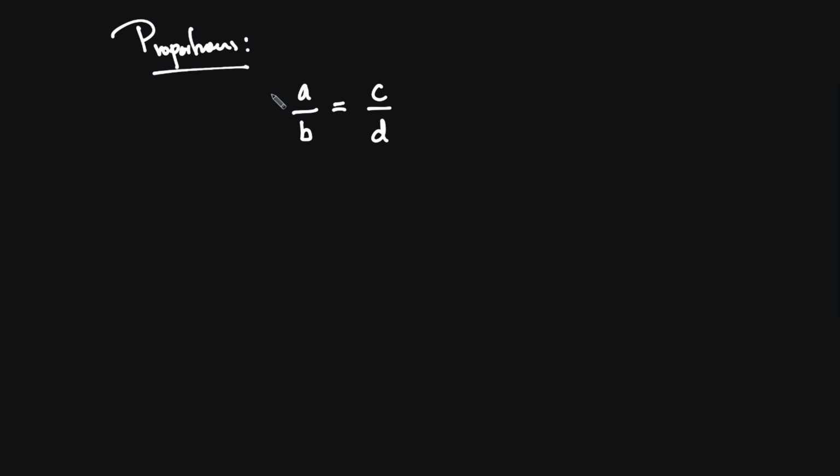So we have an equality between two ratios, okay? So when we make an equality between two rates or between two ratios, we have what we call a proportion. We can rewrite this also as A to B is equal to C to D, right?